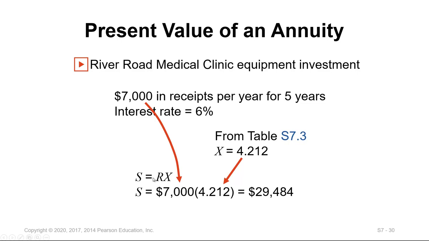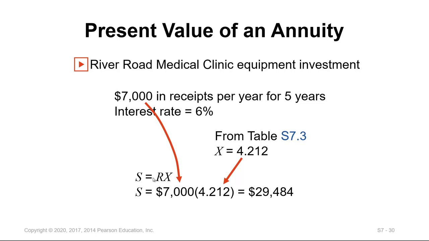This example is about River Road Medical Clinic, which is thinking of investment in a piece of equipment that will generate 7,000 per year for 5 years, considering an interest rate of 6% and the value of the factor at 5 years, which from the previous table equals 4.212.